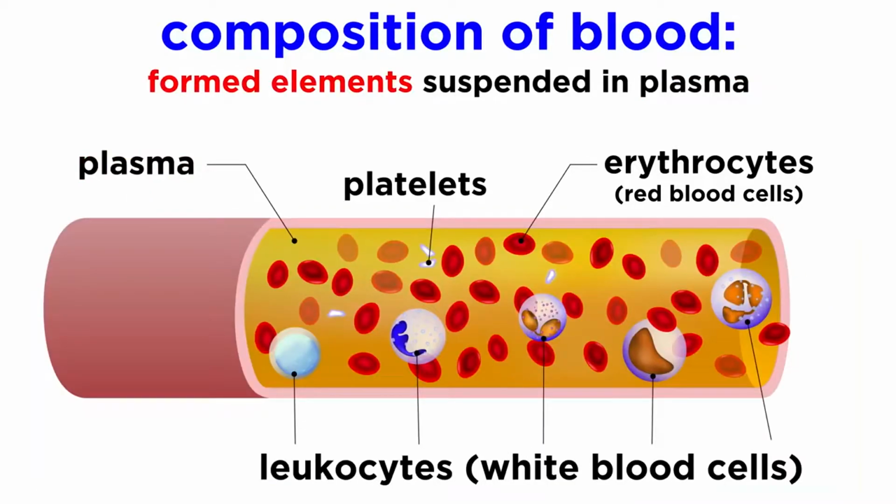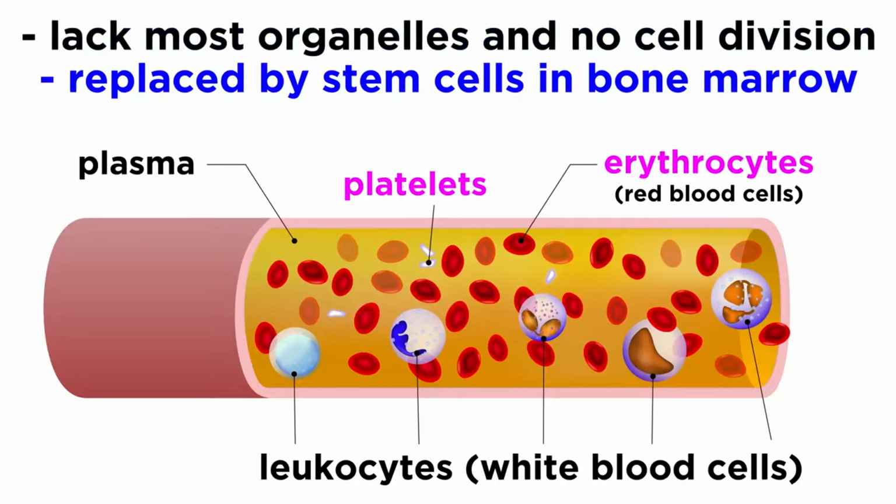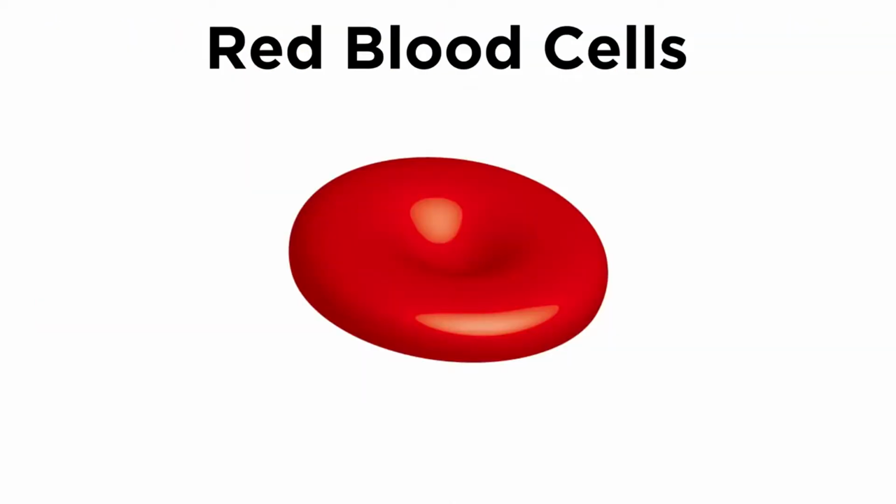Moving to the formed elements, these are erythrocytes, or red blood cells, leukocytes, or white blood cells, and platelets. Red blood cells and platelets are interesting in that they don't possess all the typical organelles and they don't divide. They are replaced by stem cells in the bone marrow. Red blood cells are very numerous in the bloodstream, and they are shaped like flattened discs with depressed centers.